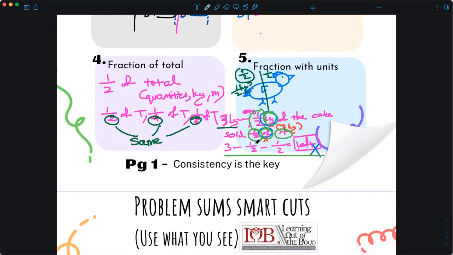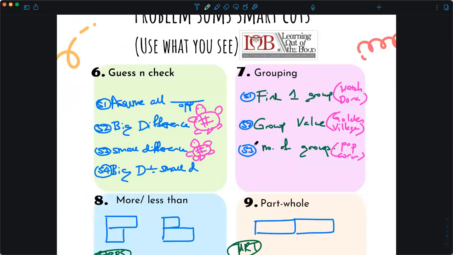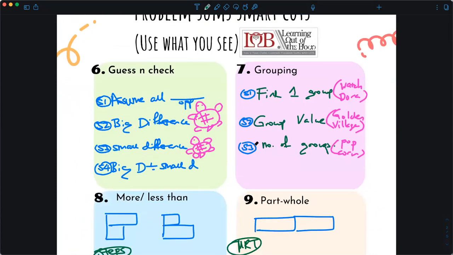So moving on, guess and check. Actually, there are 4 steps, and generally there are a few things to check. First of all, there's no PRF, percentage fraction ratio fraction. There's no equal.